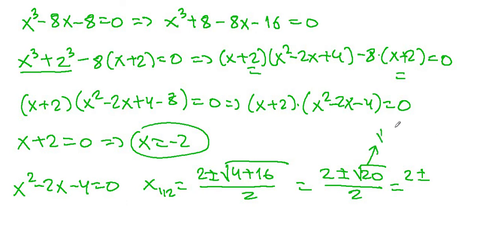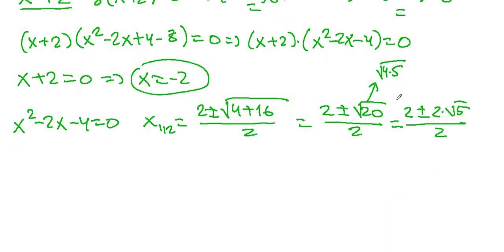We can express 20 as 4 times 5, so from 4 we'll get 2 times square root of 5 divided by 2, and if we cancel out 2's, then we will get x1 and 2 is equal to 1 plus minus square root of 5.